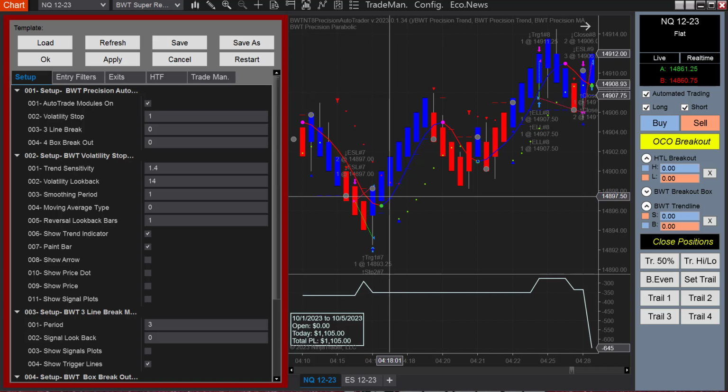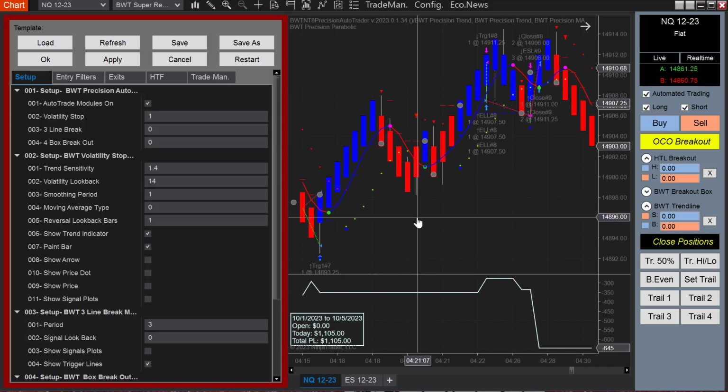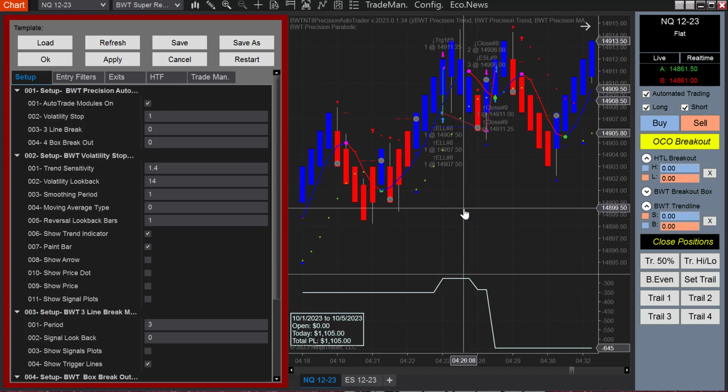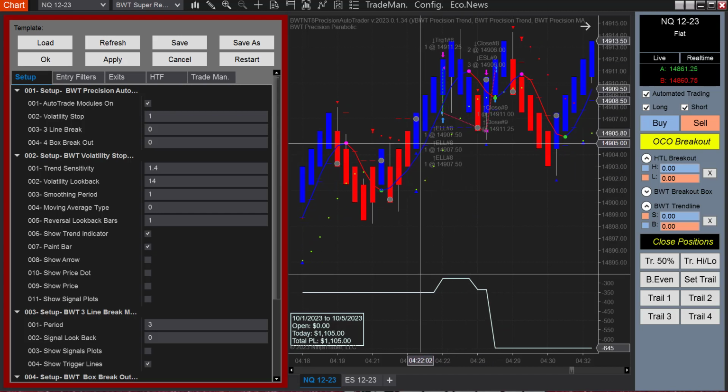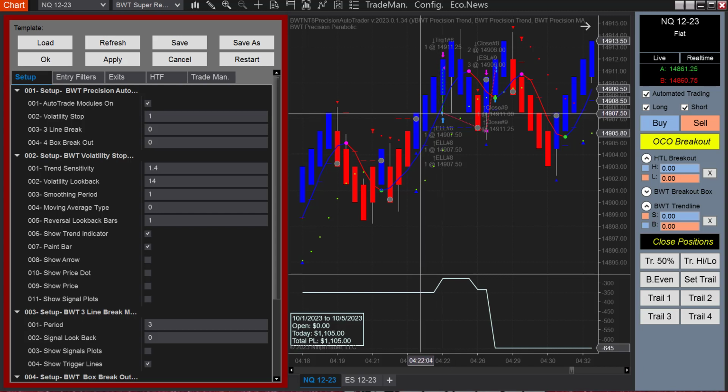We should have got filled on this bar, but this was 2 bars back. So this qualified for the reversal bar look back, but it didn't cancel in 3 bars, so we got filled on the limit order here.